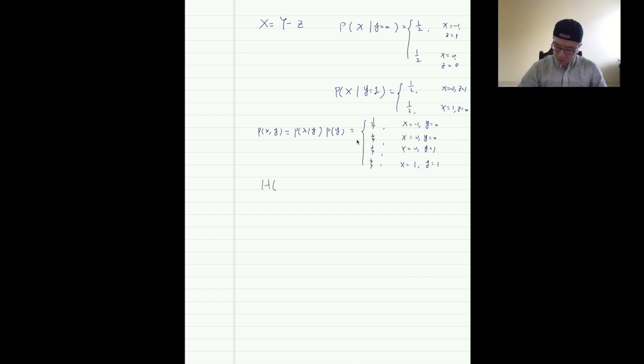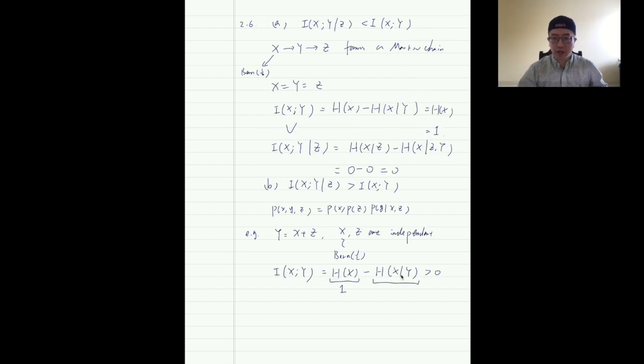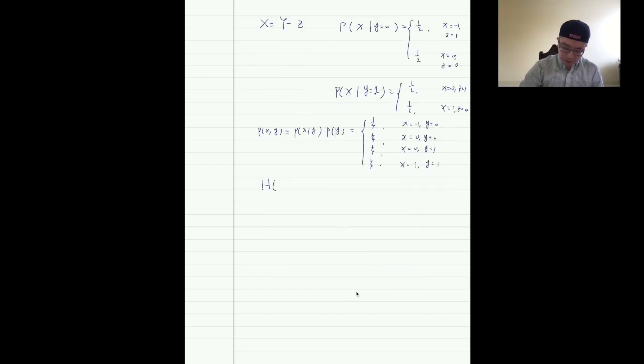And with that said, we can compute easily. So what do we want to compute? It's the entropy H(x given y). So that is nothing but, because x and y are independent, that is nothing but H(x), right? Which is basically 1.